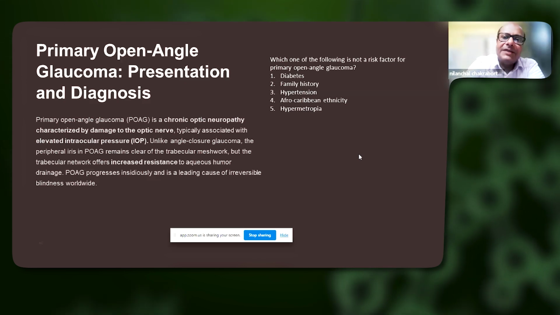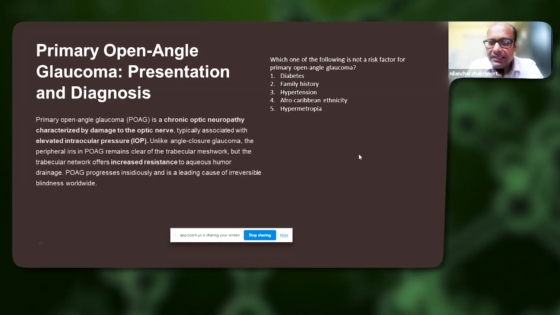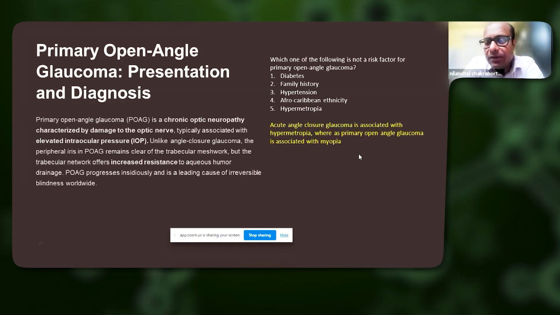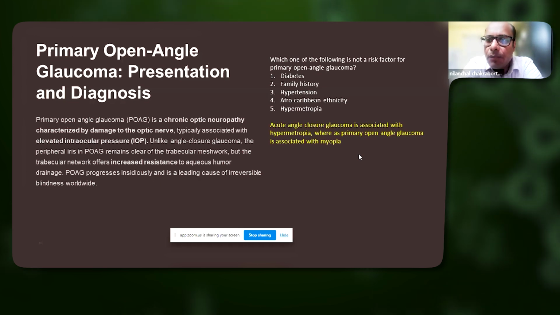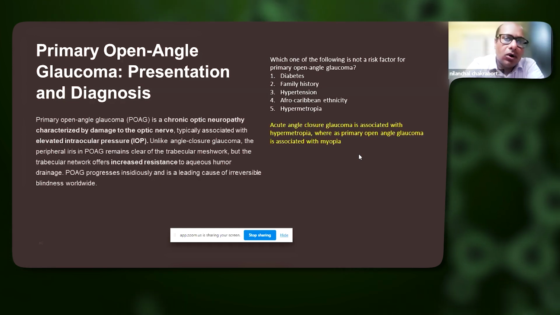Hypermetropia is a risk factor for acute angle closure glaucoma, not for open angle glaucoma, where flow is disturbed but not occluded.